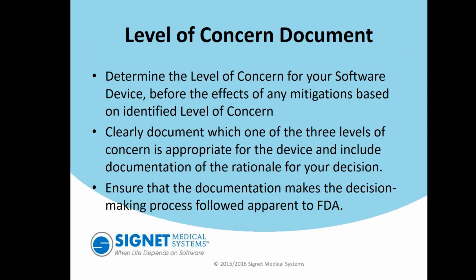And you need to clearly document which one of the 3 levels of concern is appropriate for the device and include that documentation of the rationale for your decision. So you can't just submit a document that says, our software is level of concern moderate. You have to actually ensure that the documentation makes it clear to the FDA how you came about that definition.